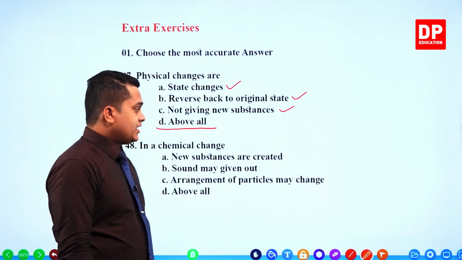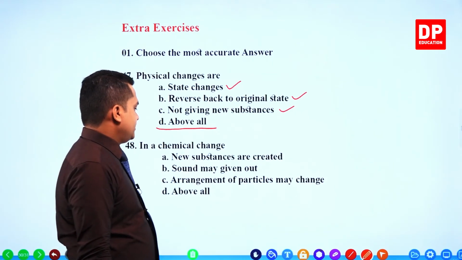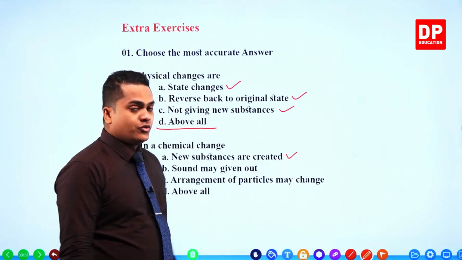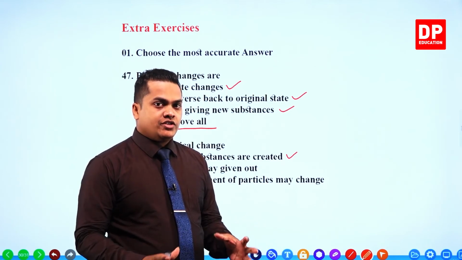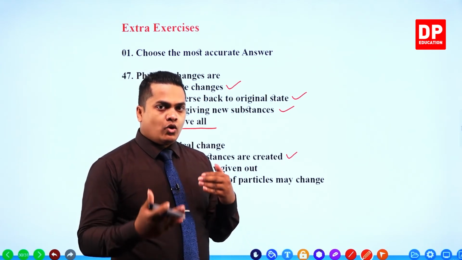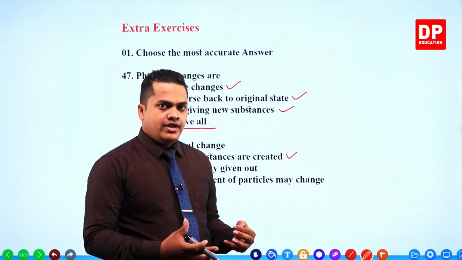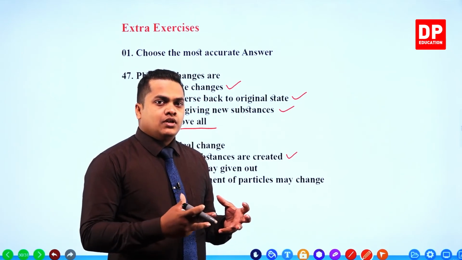Then, in a chemical change, new substances are created. Correct. Apart from a physical change, a chemical change is going to give out new substances. Those are the ones which are called products, right? So new substances are getting created from a chemical change.